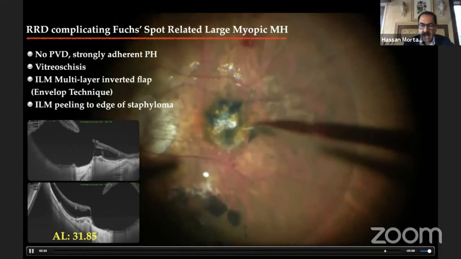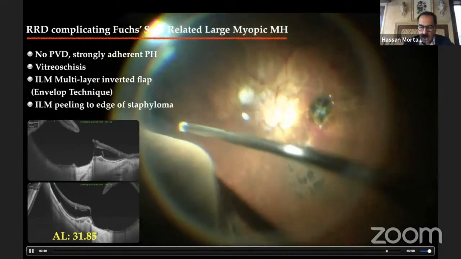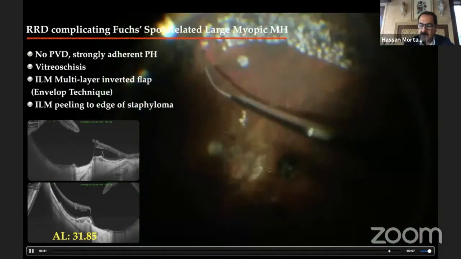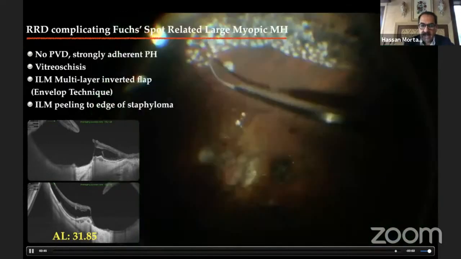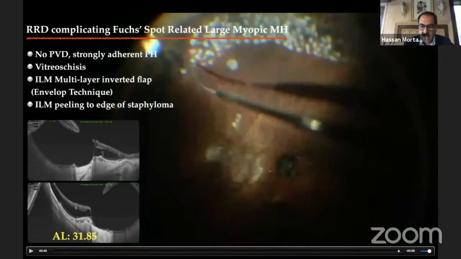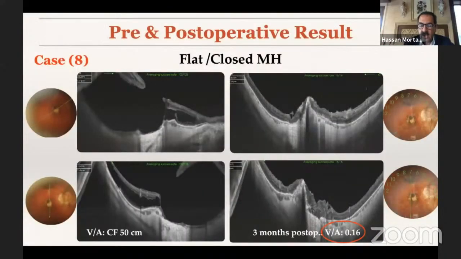And finally, I could have a good amount of ILM over the hole. Because this was a one-eyed patient, I injected silicone oil, and this is after silicone oil removal, the vision improved to 0.16.